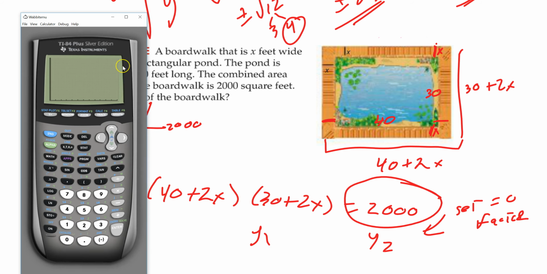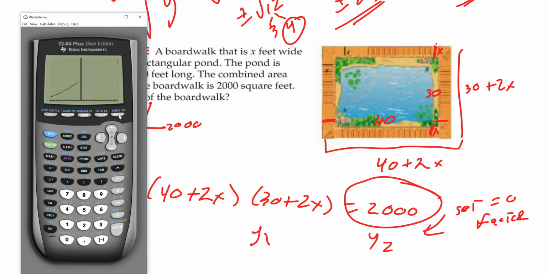So I'm going to go to my window. My X max, I'll put something a little bit bigger than 2,000, like 2,500. And then graph. Oh, there's that part of the graph, and that's where 2,000 is. Now, I can't see the whole graph. Maybe if I went to negative 10 I could see better.